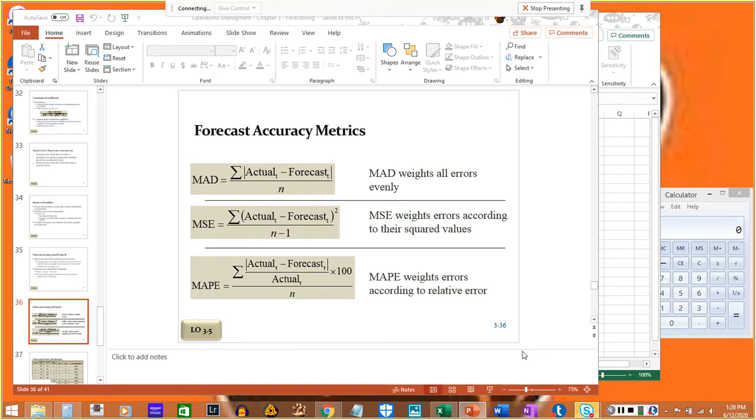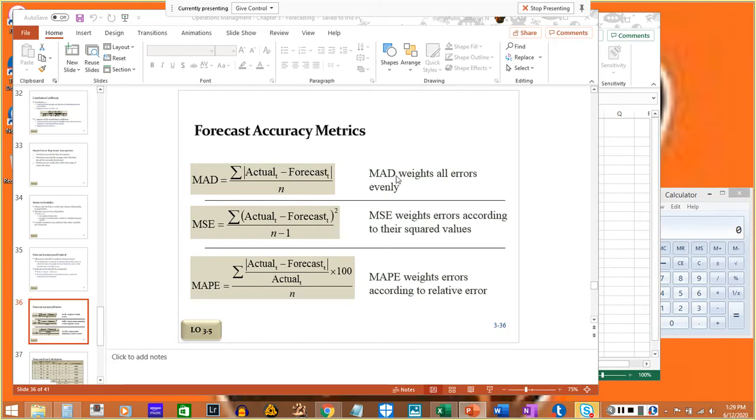And when you come up with a level that you're comfortable with, if errors fall beyond whatever you set, then you're going to have to figure out ways to correct whatever the forecast is or whatever the problem is. So these are three different ways to do it. The first one being the mean absolute deviation.